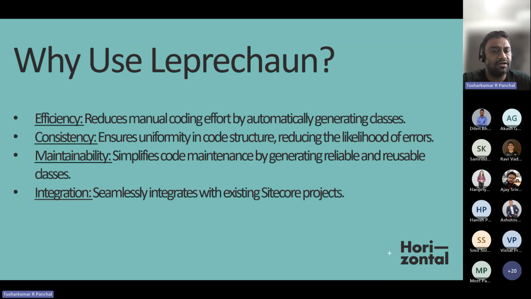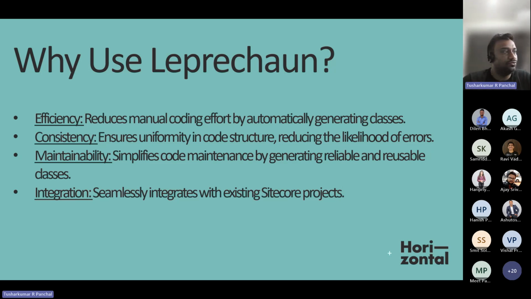In the longer run, it is easy to maintain because it is automatically generated by the system, so we do not need to worry about that part. We will also give details on how we can integrate it with our Sitecore project. That is one of the ways this flow is utilized, so the integration part is seamless.